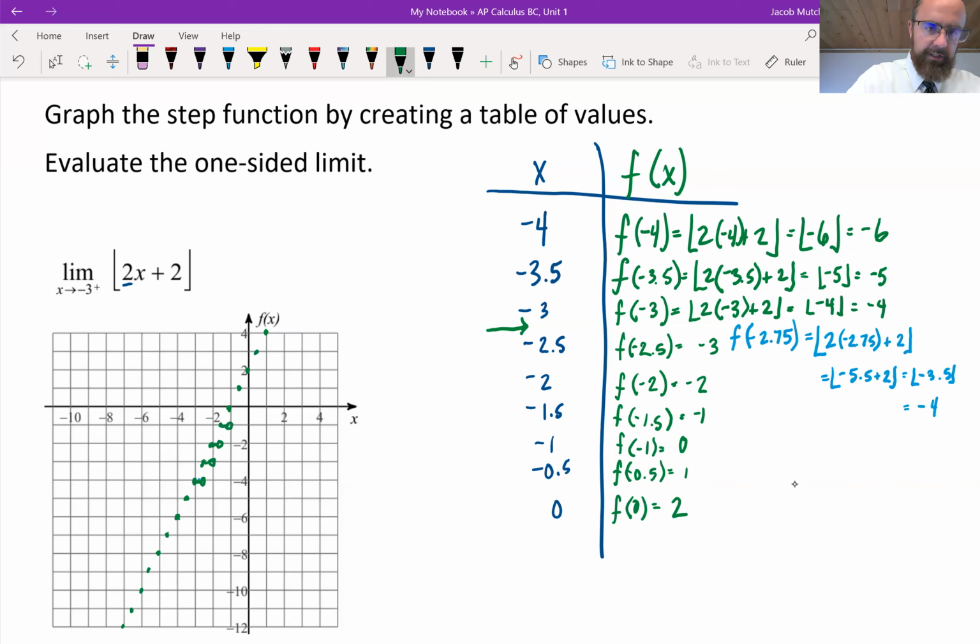Left-hand side is closed, right-hand side is open. And that continues down below as well. So I'm going to fill in these steps.